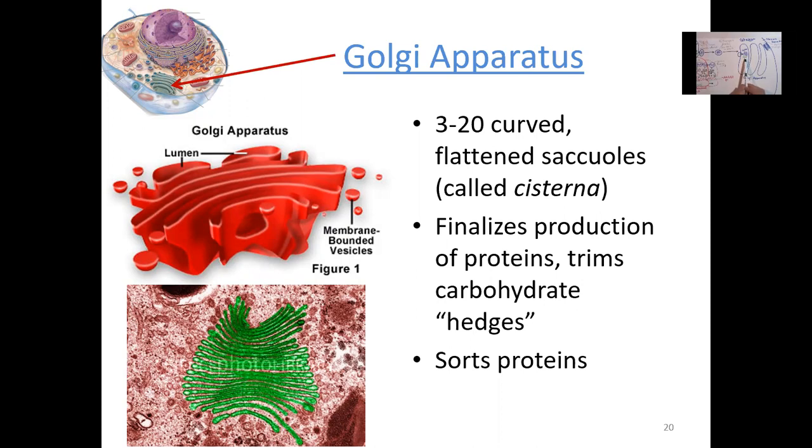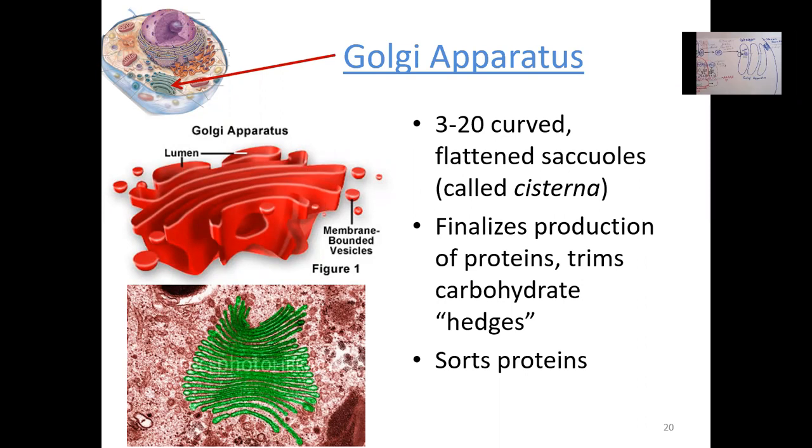For example, hemoglobin needs 4 different proteins all squished together in order to be a functional molecule and actually transport oxygen throughout your body. So at this point, each of our proteins is independent, but this protein is going to be sent from this cisterna to this cisterna to this cisterna and be joined together with the other proteins that give rise to the functionality of the molecule.